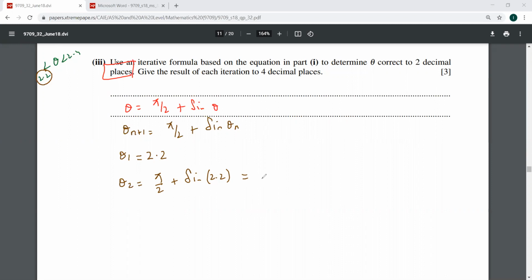We have to write this correct to 4 decimal places. 2.3793. Now you have to go back to your calculator and change this with the answer. What do you get? 2.2614.